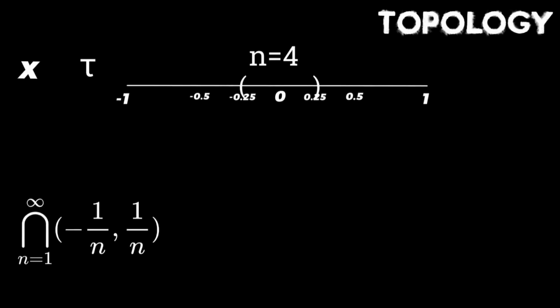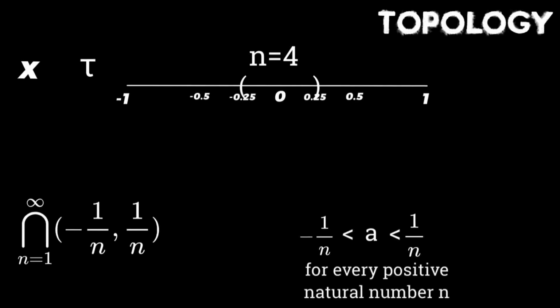That's why their intersection contains 0 only. Suppose it had a number other than 0, then that number must belong to all these sets. It means that number must be larger than -1 by n, and lesser than 1 by n for every positive n. A number lesser than 1 by n for every positive n must be 0, or lesser than 0, because if it's greater than 0, then the reciprocal of that number is also greater than 0.